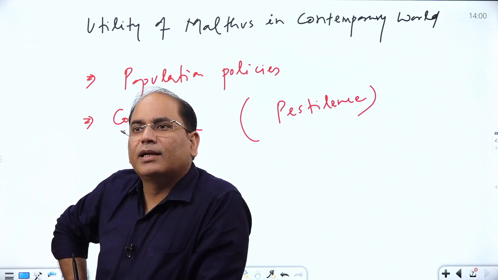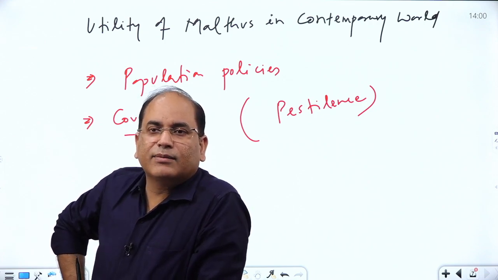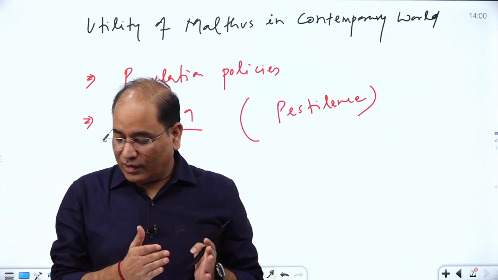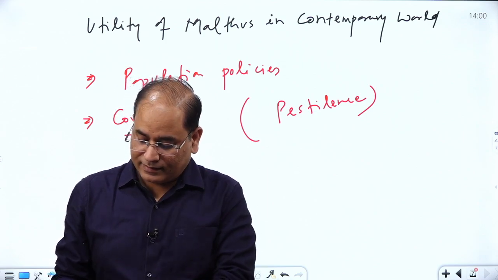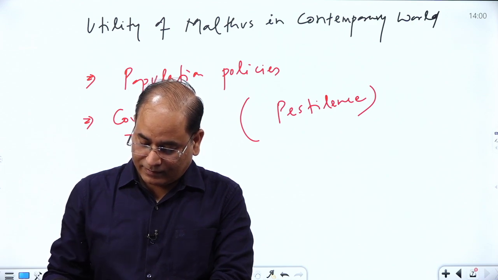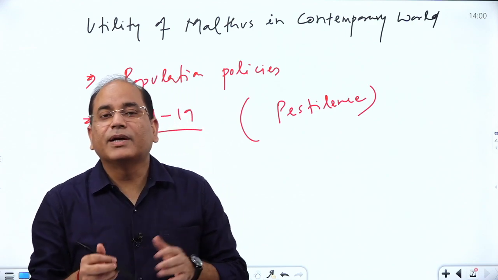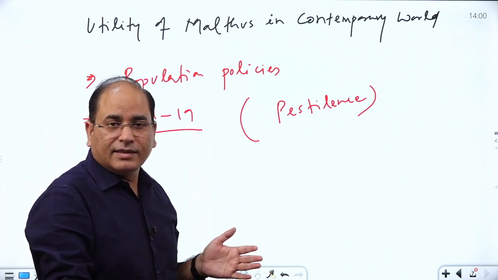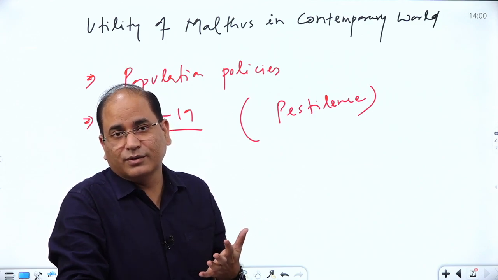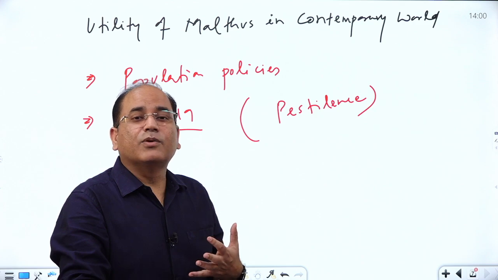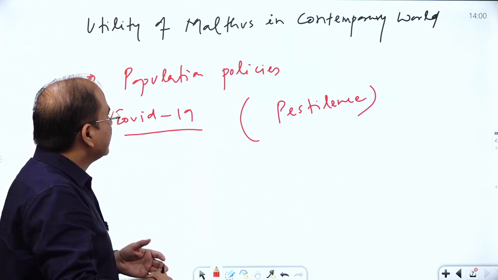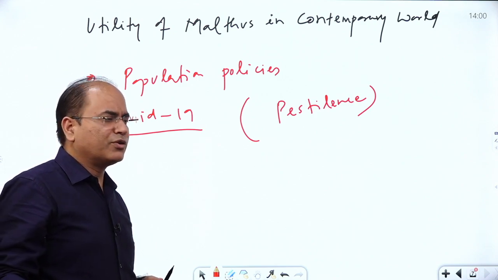So it was thought that our earlier healthcare system was not good, and therefore epidemics came. But the present epidemic, when you look at it, is showing that in fact in the 21st century also, there is a possibility that epidemics can happen. So within that backdrop, you can consider that the idea of Malthus is very much relevant.